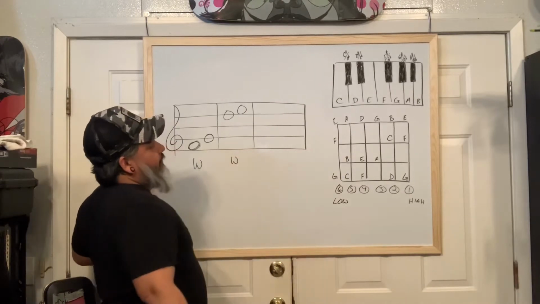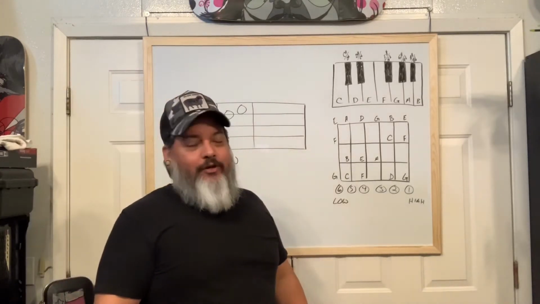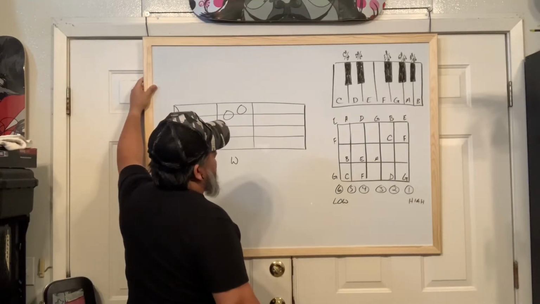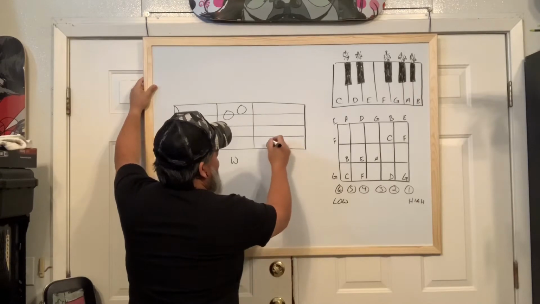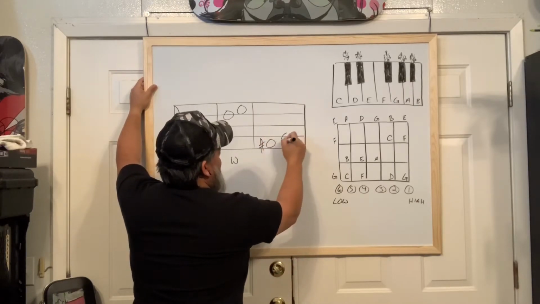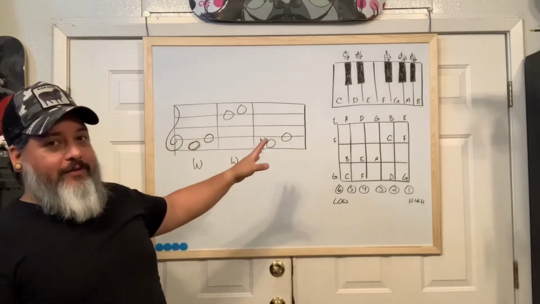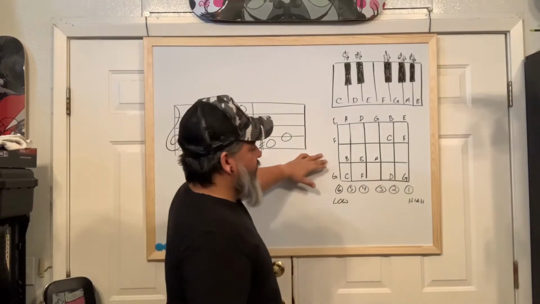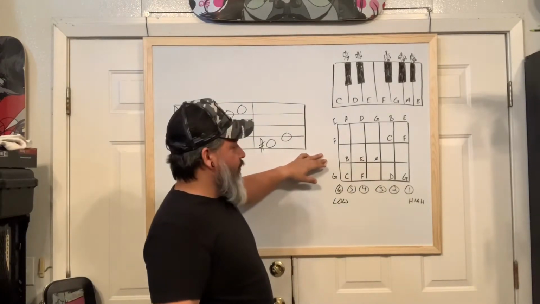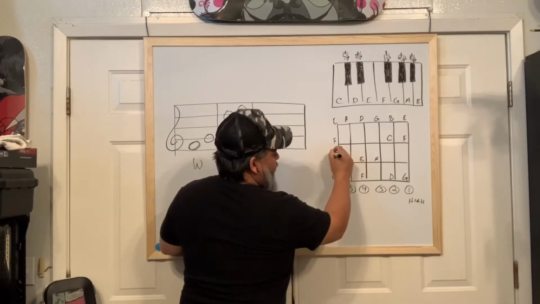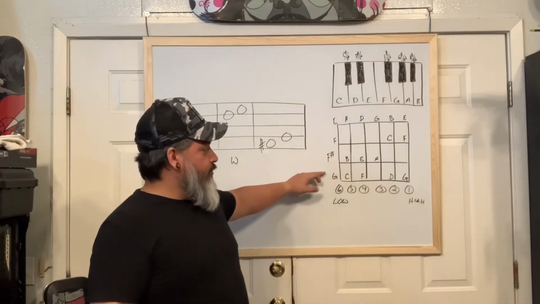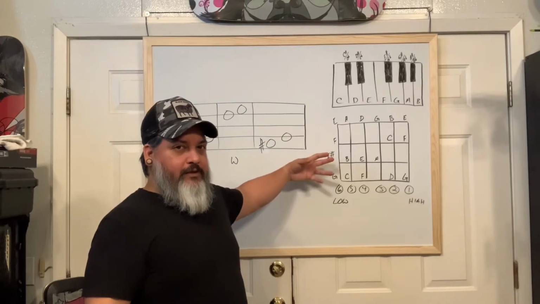All right, let's try one more just for good measure. Let's get a little bit funky. We have an F sharp and we're going to a G. Okay, so let's find our F sharp. Now, I didn't label the sharps on the fretboard, but we know that F sharp is just 1 fret above F. So we have that F sharp on the 2nd fret, and we're going up to a G. Notice there's no space in between.